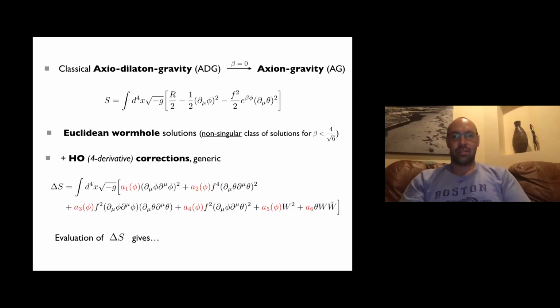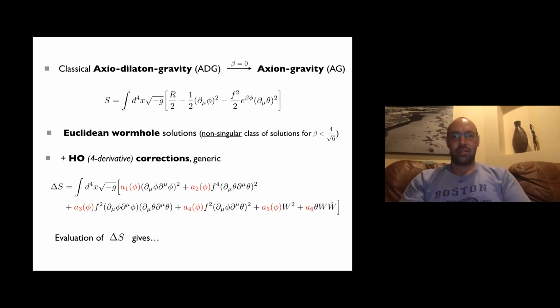So now what we want to do is add higher order correction in the form of 4 derivative corrections. The most generic correction you can add is of this form. There's the phi fourth, the theta fourth, and then a combination of the phi square and the theta square. And then there's also a contribution given by the Weyl tensor and the gravitational Chern-Simons.